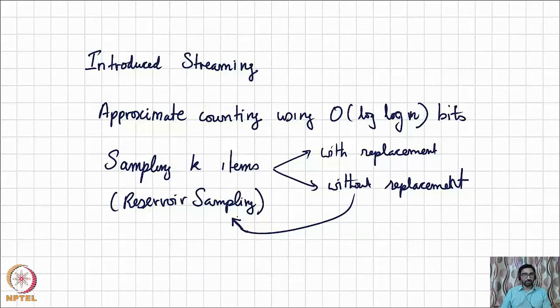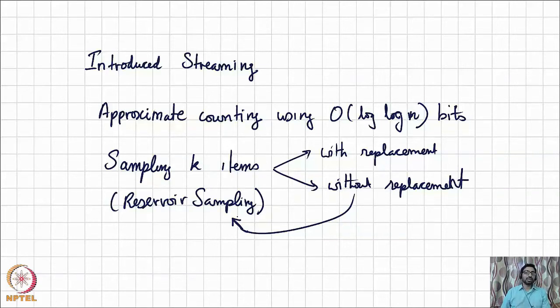So that requires a little bit more work, requires multiple passes, requires n to the 3/4 memory. It still works as a streaming algorithm, but you will need multiple passes and you will need n to the 3/4 memory.